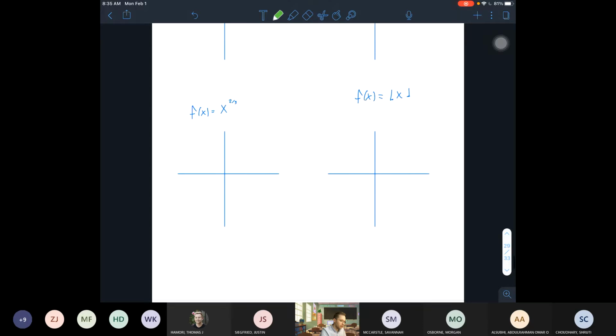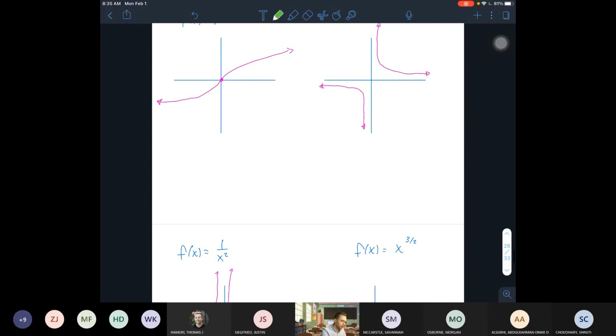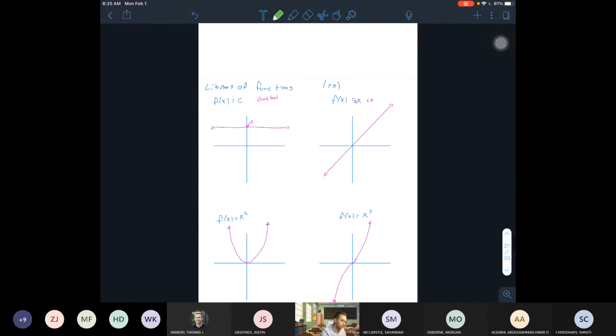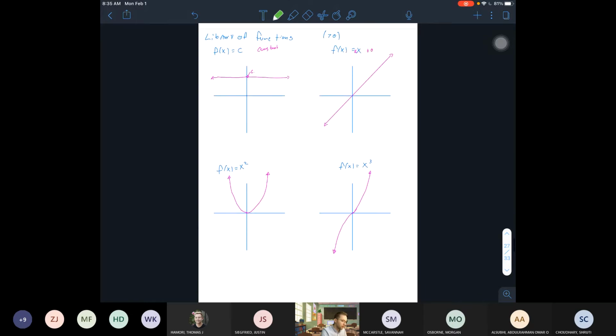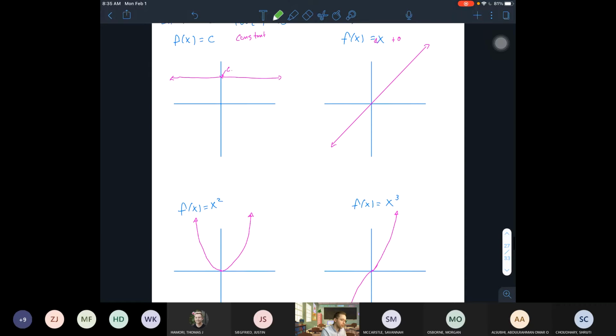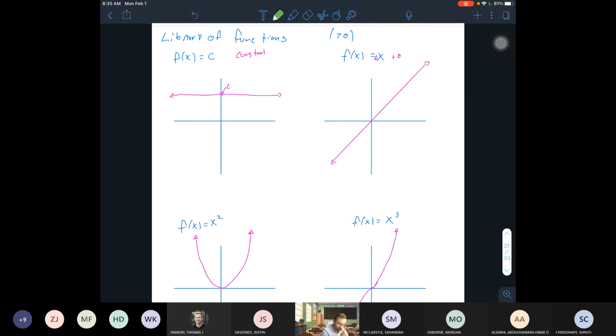Well then, let me go back and finish up what I was talking about last time. I was giving you this library of functions, and we want to know what all of these functions look like, because what we're going to talk about next is function transformations.